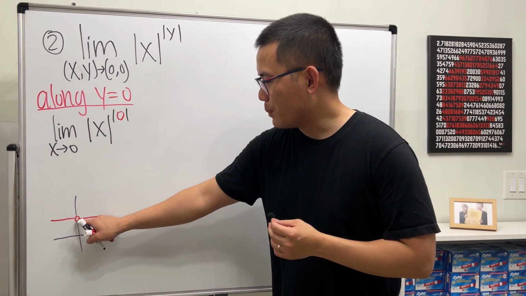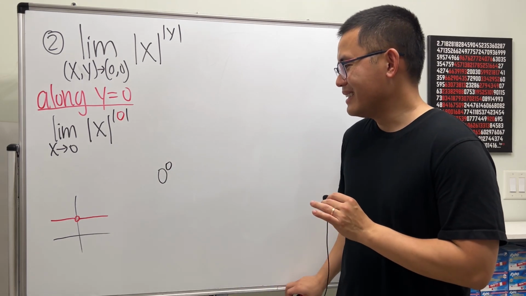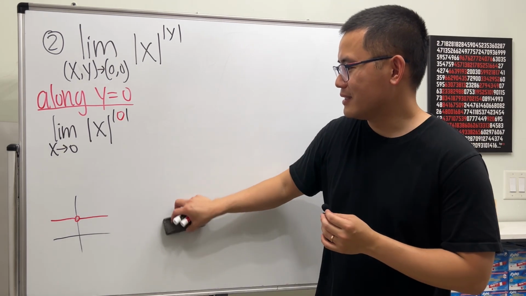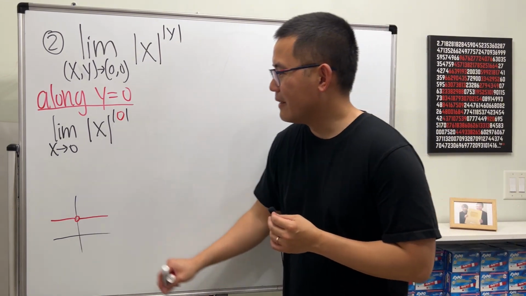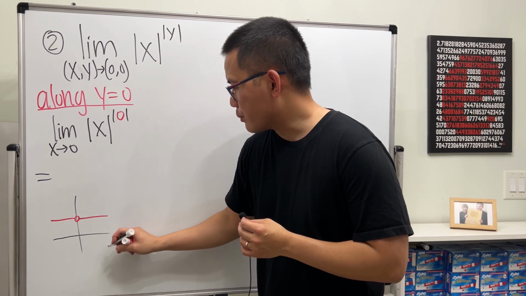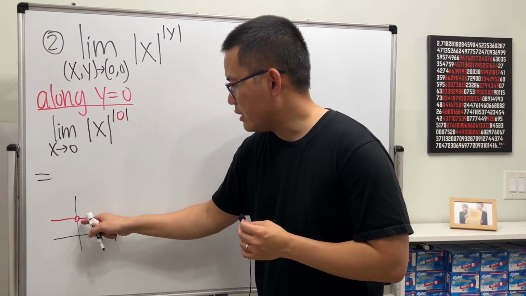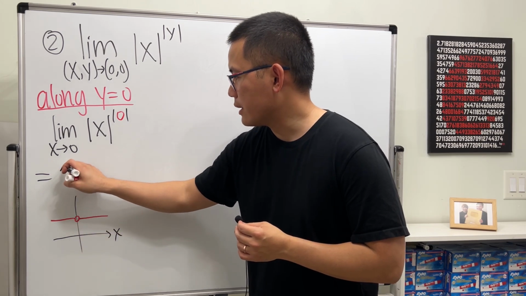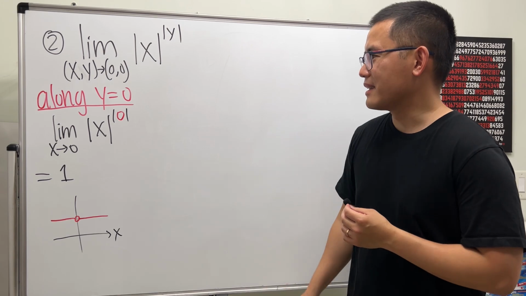And the reason I have an open circle here is because 0 to the zero's power, nobody agrees on what it is, right, as a value. So that's why I would just put an open circle for that. So for this case here though, we can see that the limit as x approaching, this is the x-axis, as x approaching 0, the limit is equal to 1.